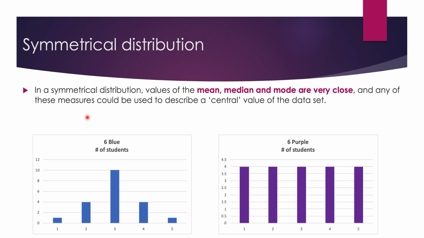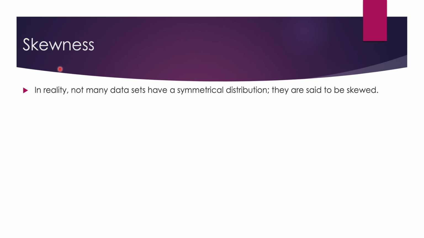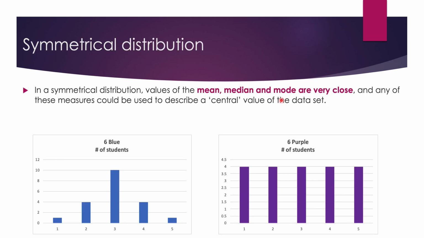Okay, wonderful. The skewness. Oh, symmetrical, sorry, girls. I'm jumping from one slide to the other. So what is a symmetrical distribution? In a symmetrical distribution, the values of mean, median, and mode are very close, and any of these measures could be used to describe the central value of the data.